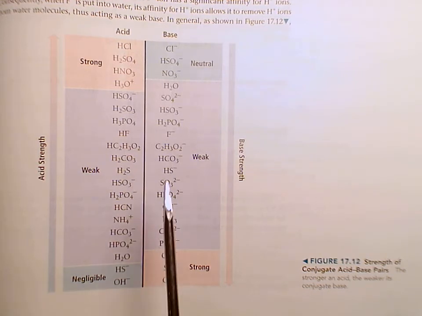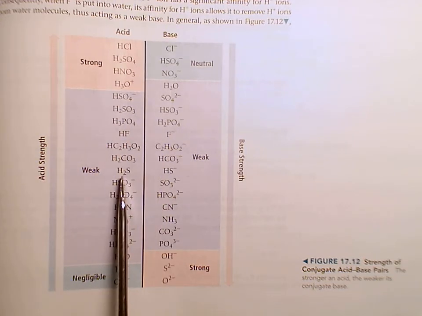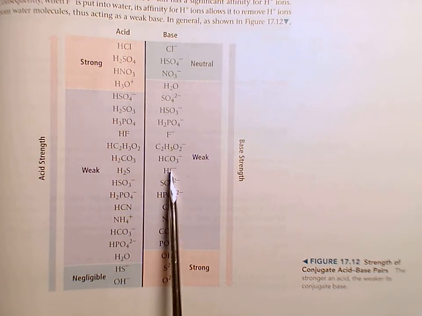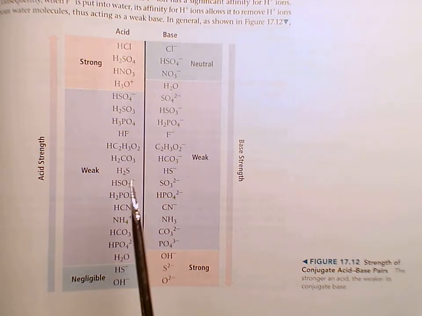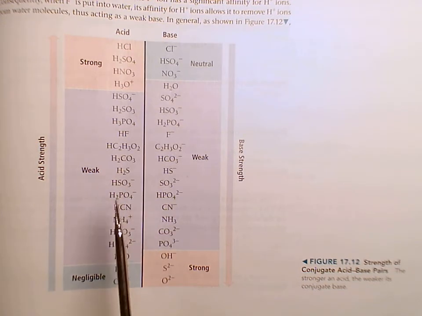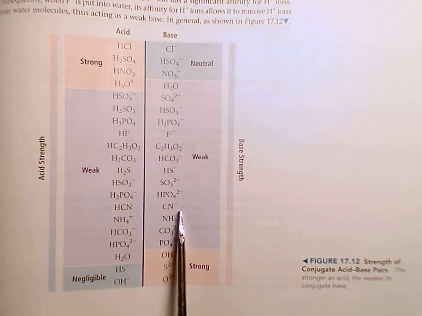It's still weak, but it is stronger than fluoride. So, as you go down the table, acid strength gets smaller and smaller. Conjugate base strength gets larger and larger. So, the weaker the acid, the stronger the conjugate base.